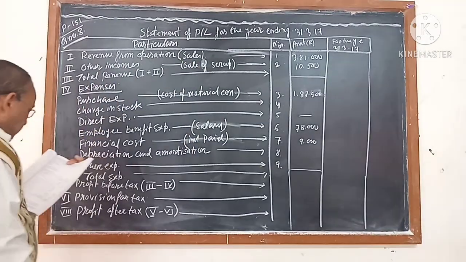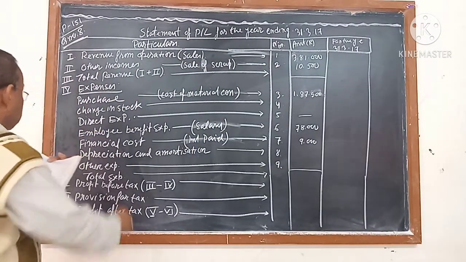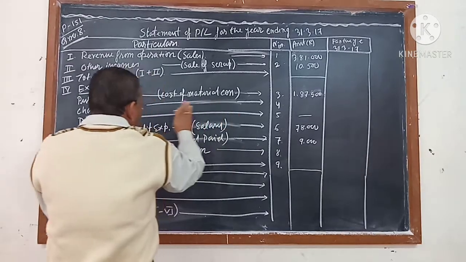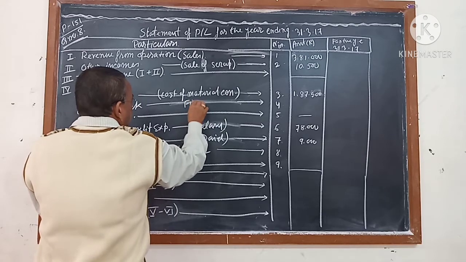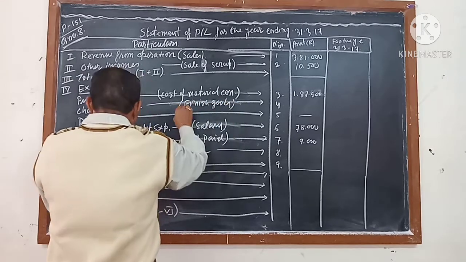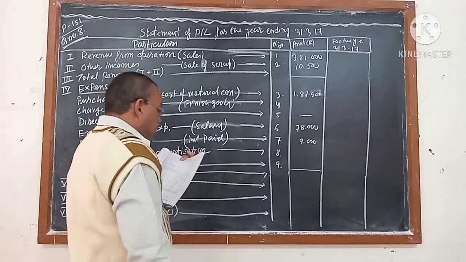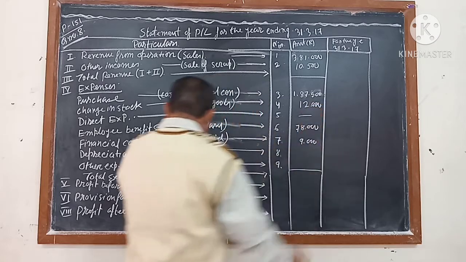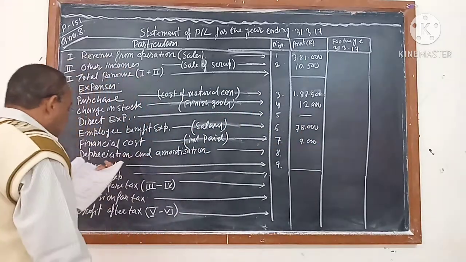Changes in stock of finished goods, already it is written here, so no need to write again. Even you can write here: finished goods. How much? Changes in stock of finished goods 12,000. Next, office and administration expense.